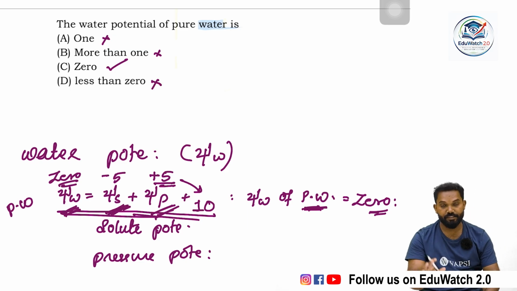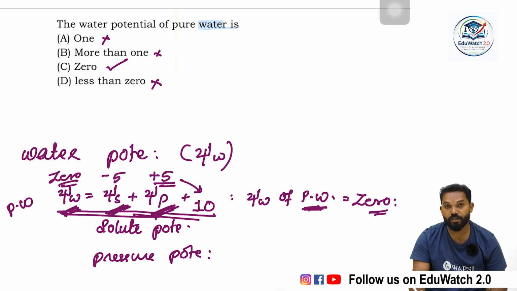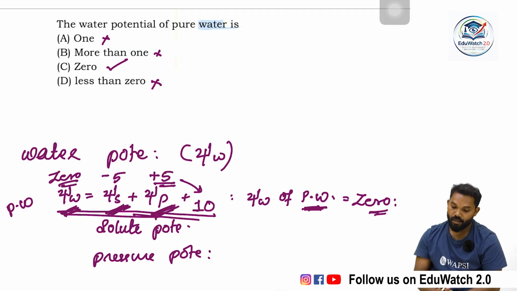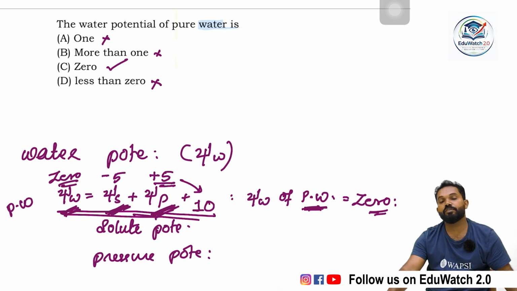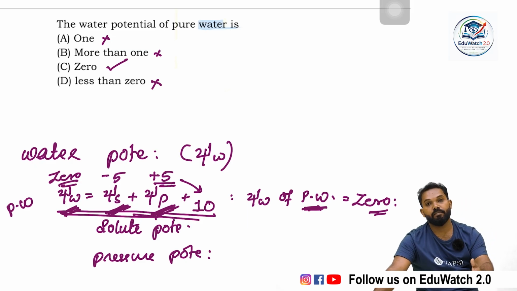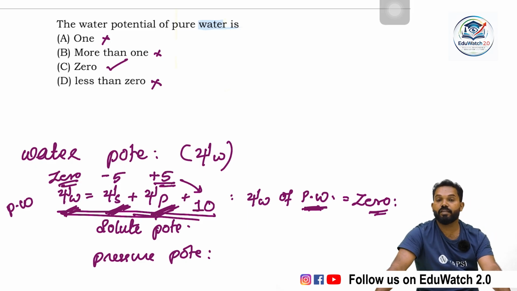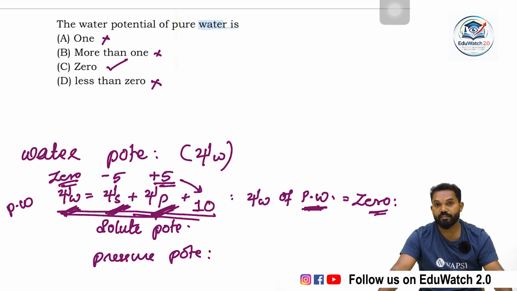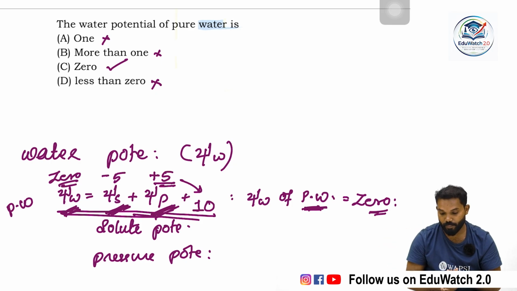Generally solute potential is negative, so pressure potential is positive. One of the most important pressure potentials is turgor pressure. That means it is the pressure that helps the cell to become turgid, so that is always positive.